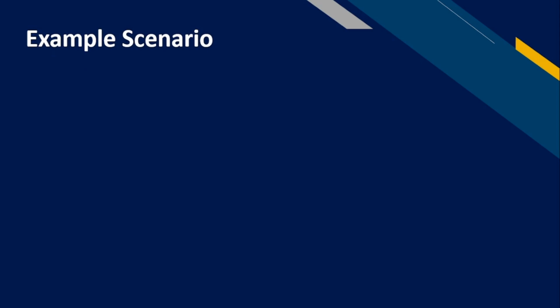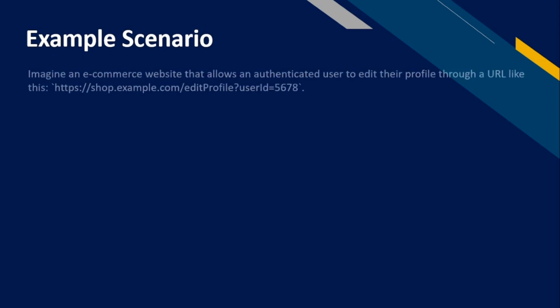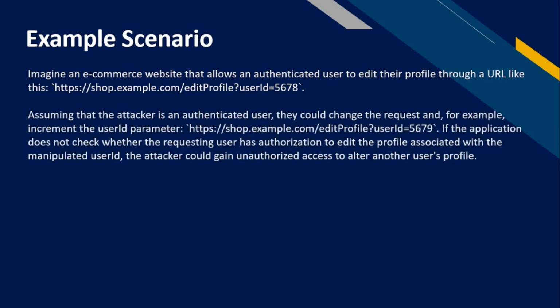To understand IDOR better, here is an example. Imagine an e-commerce website that allows an authenticated user to edit their profile through a URL like this: shop.example.com/edit_profile?user_id=5678.